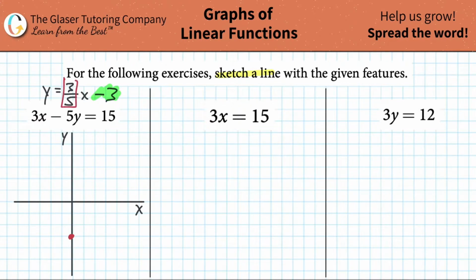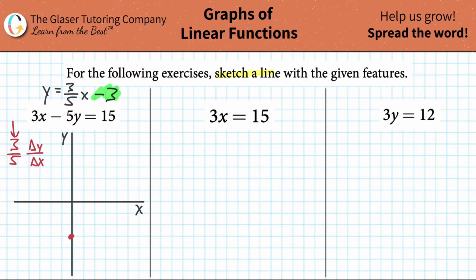Now, take a look at your slope, 3 over 5. Remember, slope is always change in y over change in x, all day, every day. This is the change in y, and that is the change in x. What that means is that I have to move from the point I just plotted for my y-intercept positive 3 units in the y direction, and simultaneously 5 units to the right, because it's positive, in the x direction.